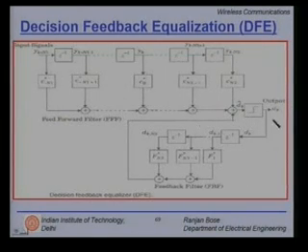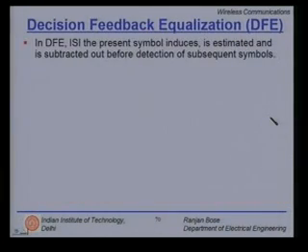So, that is the smart move that DFE does. So, in DFE, the intersymbol interference the present symbol induces is estimated and subtracted out before the detection of subsequent symbols. Okay. Fairly simple philosophy. If you already have the information, why not use it to cancel out the intersymbol interference it will induce.